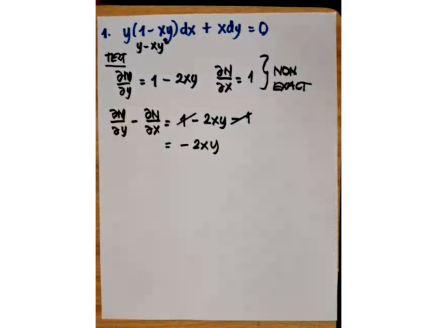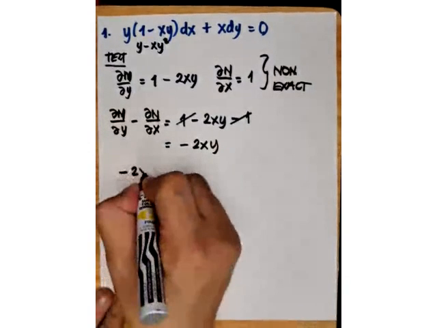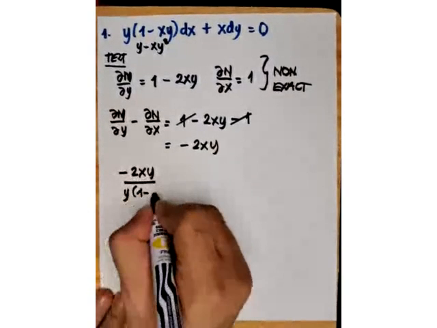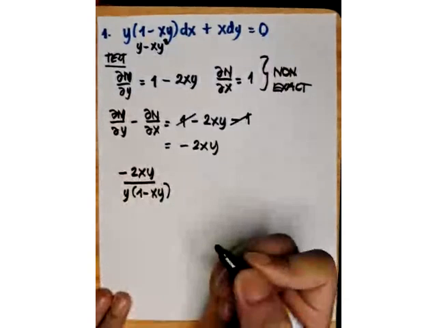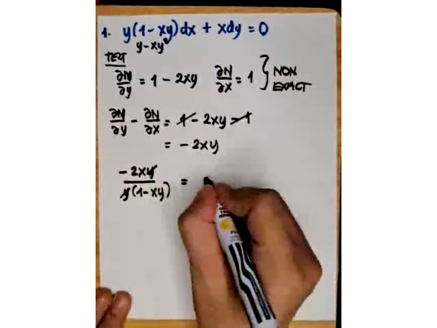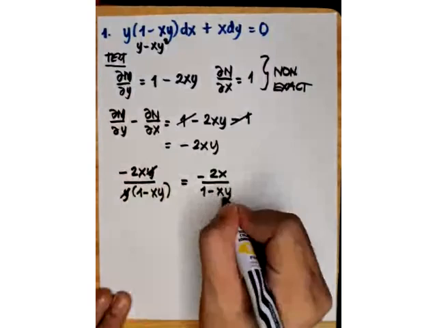Case 2, so that means we'll divide by M. If we divide negative 2xy over y times 1 minus xy, we'll cancel y, so we'll have negative 2x over 1 minus xy.